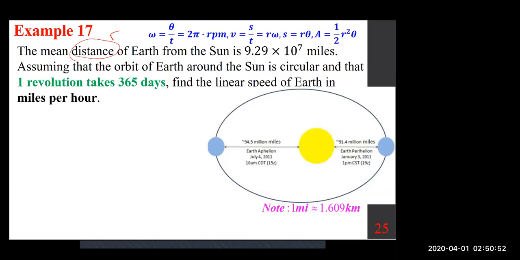That is the concept of speed, angular speed. And so let's look at the given. The given is r is 9.29 times 10 to the power of 7.